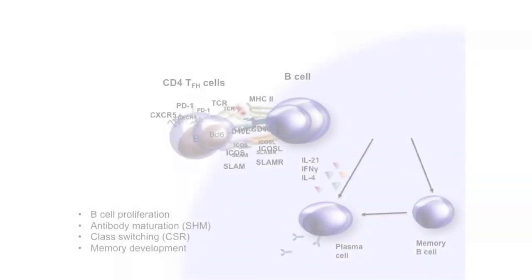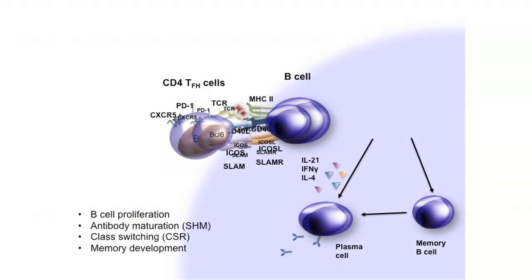So there's a multi-layer interaction between T follicular helper cells and B cells, and it's not very well understood so far. On the one hand we have the interaction between the TCR and the MHC class II, but we also have important signals that come through CD40 ligand and CD40, ICOS ligand, SLAM and SLAM receptor.